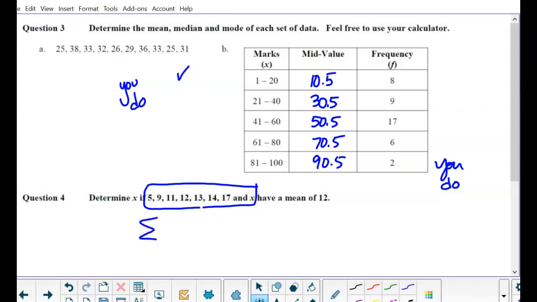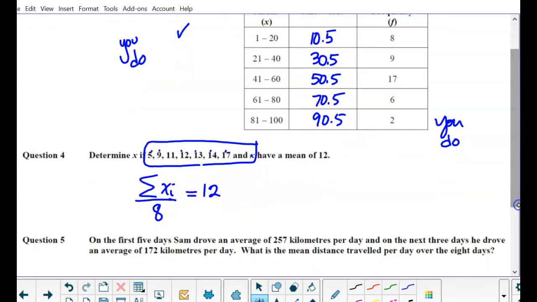So the sum of xi over 12 has to equal, over how many data values? 1, 2, 3, 4, 5, 6, 7, 8 has to give you 12. Well, think about how to solve that. We want to go here. 8, that means the total of all of them has to be 12 times 8, which is 96.